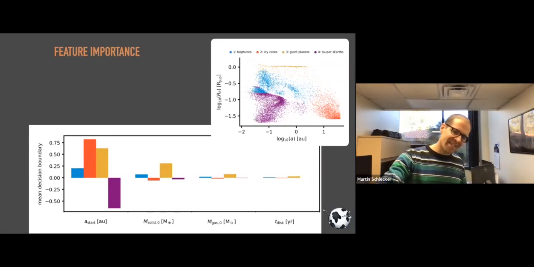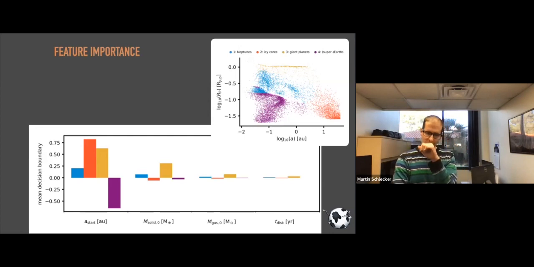This is a complicated value here, this mean decision boundary, but simply put, the amplitude tells you how important the feature is, and then the sign, so in which direction it goes up or down, tells you if small or large values are preferred.